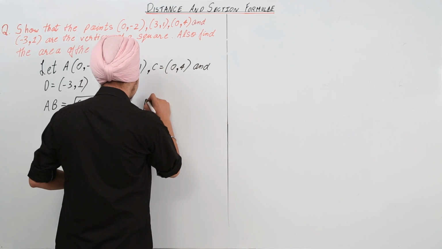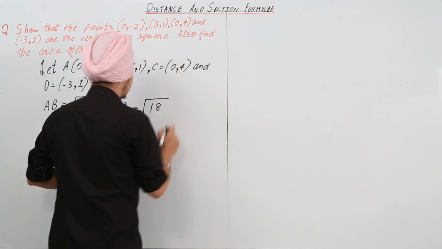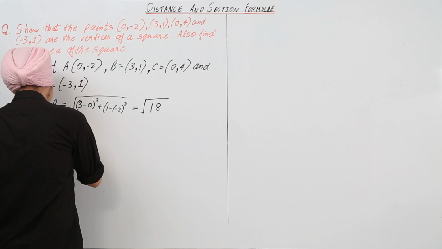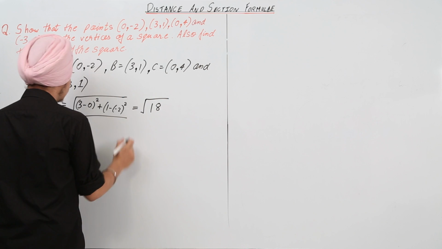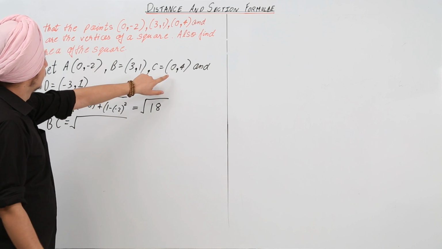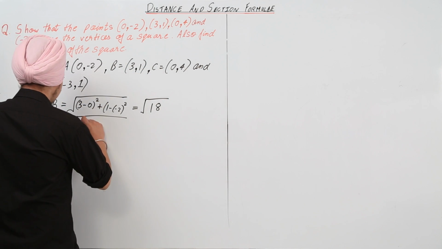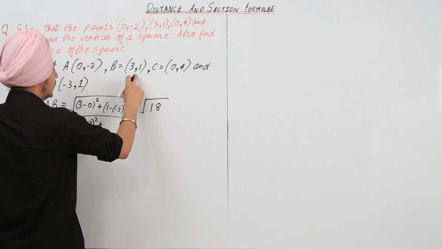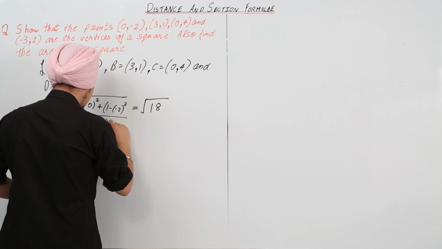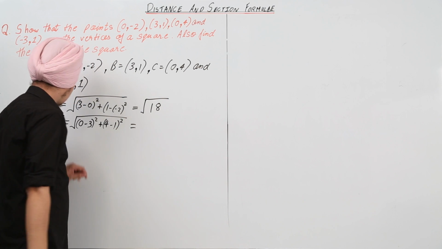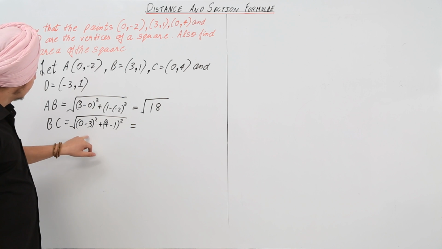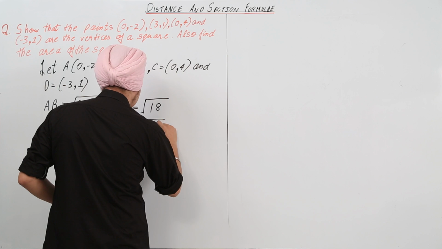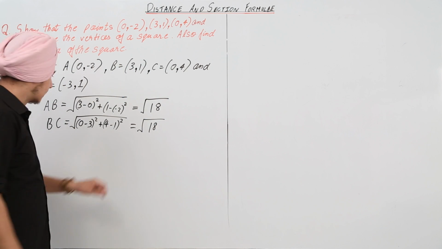So this will be equal to the square root of 9 plus 9, that is 18. Next we'll calculate the length BC, that will be equal to the square root of (0 minus 3) whole square plus (4 minus 1) whole square. So now this is equal to 3 square plus 3 square, that is the square root of 9 plus 9, that is the square root of 18.